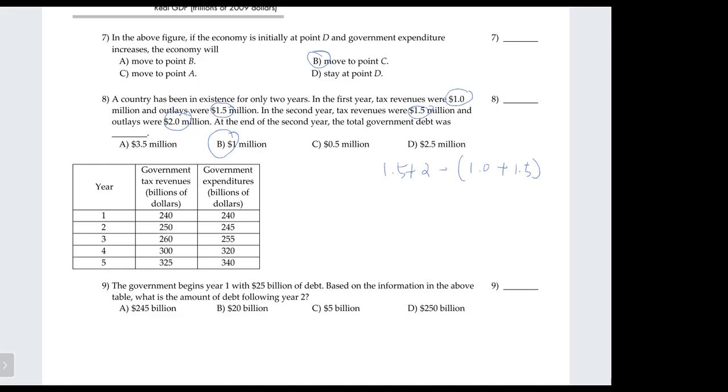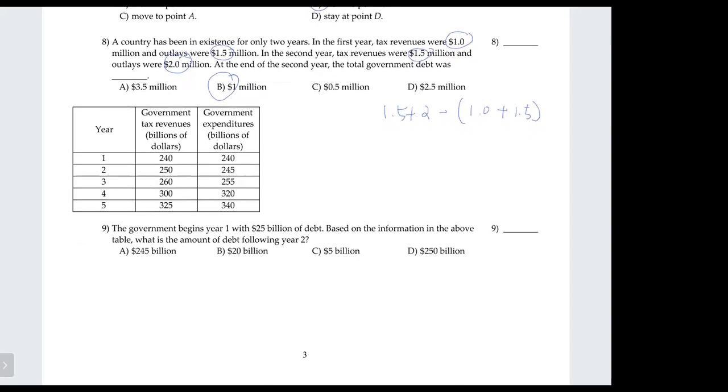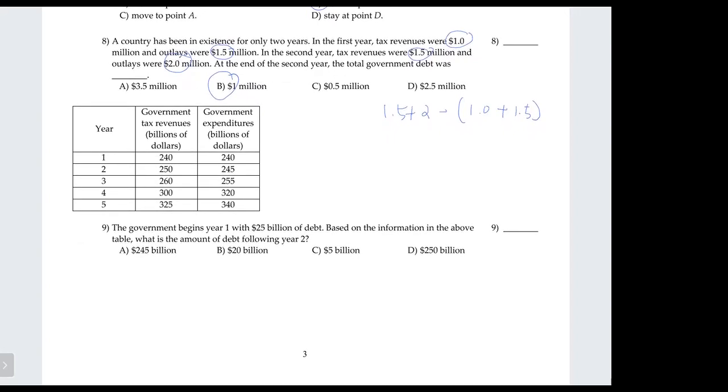9. The government begins year 1 with 25 billions of debt. Based on the information in the table, what is the amount of debt following year 2? Okay, so beginning year 1, there's 25 billions of debt. Year 1, the government is balanced, right? Tax revenue equals government expenditure, and so no debt is needed. Year 2, tax revenue exceeds expenditure by 5.